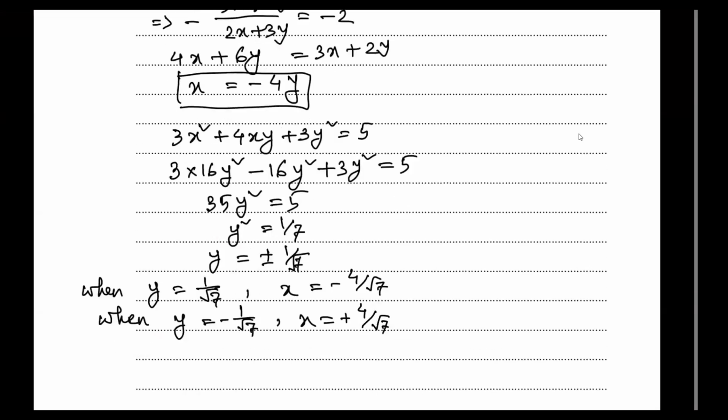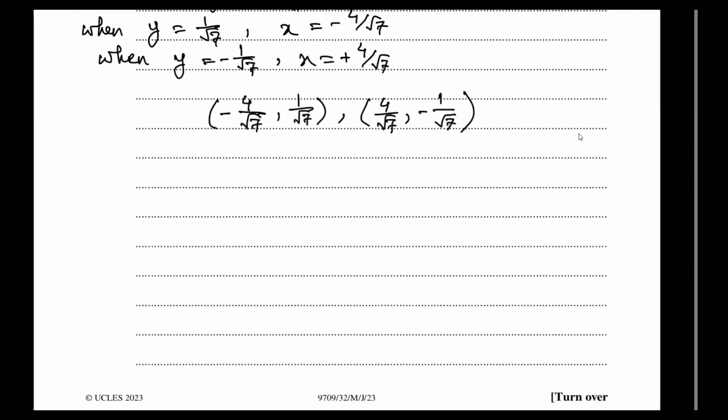So there are 2 points on the curve at which the tangent is parallel to that given line. The coordinates of these 2 points are these two. That's it. That's part B. Now let's move on to the next part.